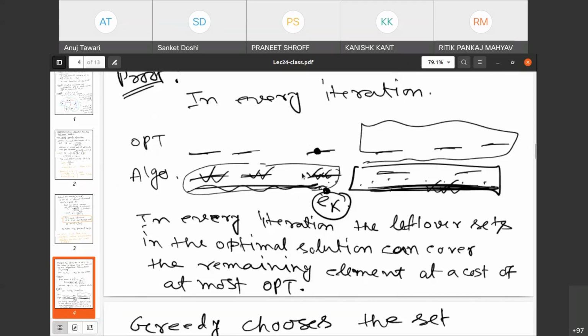So we take the subsets chosen by our algorithm, and then cover the remaining elements using the solution given by OPT. The leftover sets in the optimal solution can always cover the remaining elements. And what is the total cost of these subsets chosen by OPT? It is at most OPT. So it can always cover the remaining elements at a cost of at most OPT.